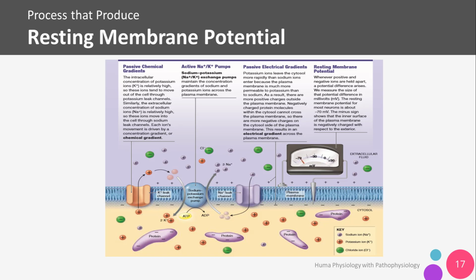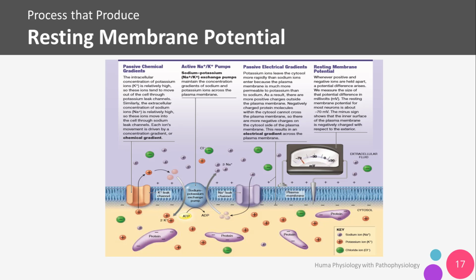This is because the cell membrane is more permeable to potassium than to sodium, so potassium can exit the cell more easily than sodium can enter. In addition, negatively charged ions or molecules cannot cross the cell membrane, and this will lead to a more negatively charged inside of the cell and a more positively charged extracellular side.